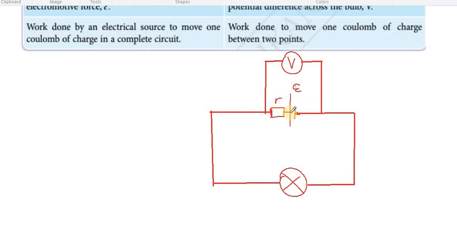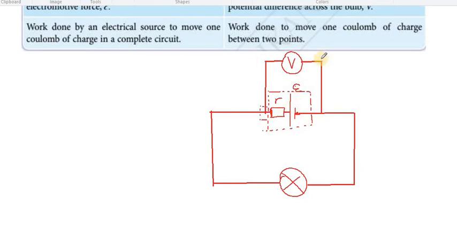This is the electromotive force of the dry cell, and this is the internal resistance of the dry cell. I draw like this to show that everything is inside the dry cell. This is a dry cell, you see? This is the EMF, and this is the internal resistance.